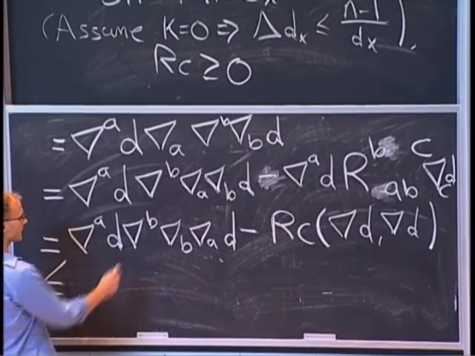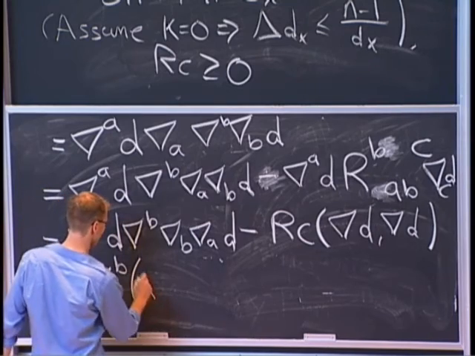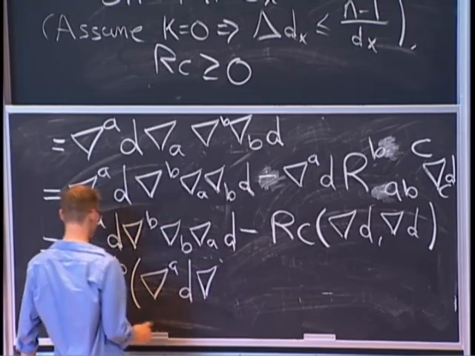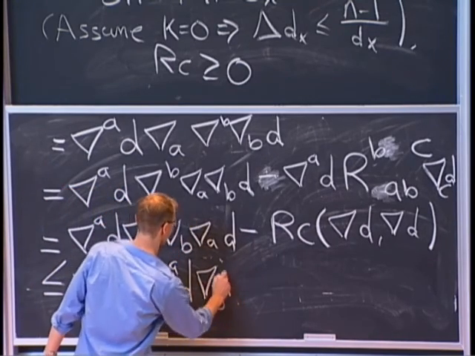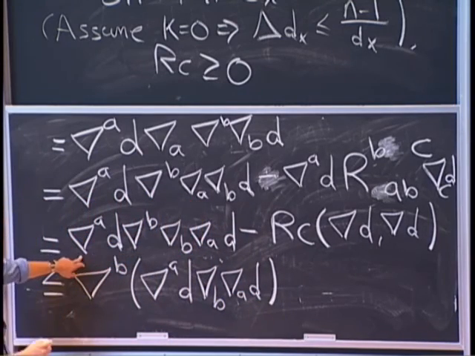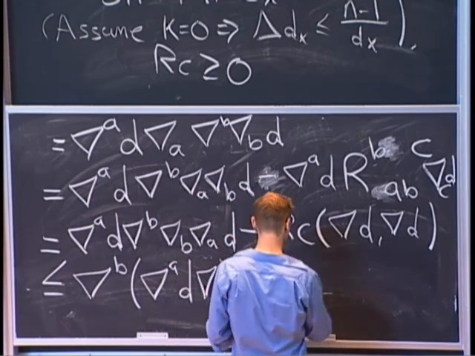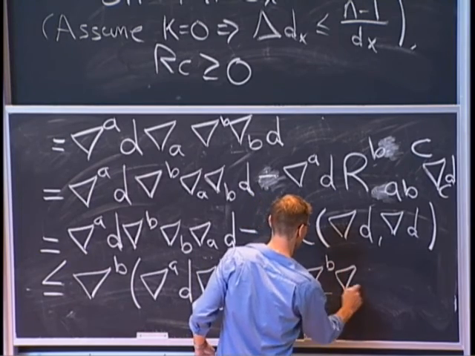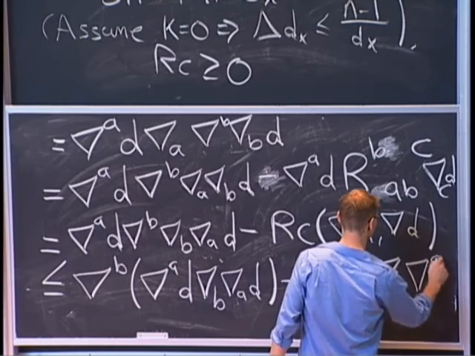And if I leave this term, then I can pull this dB out, like this. dAd, d, dB, dAd. But then I have to subtract off what it is that I actually got rid of. So this is minus dB, dAd, dB, dAd.